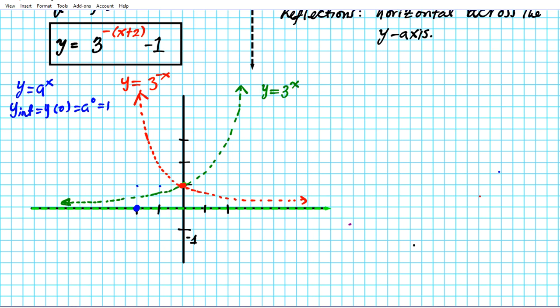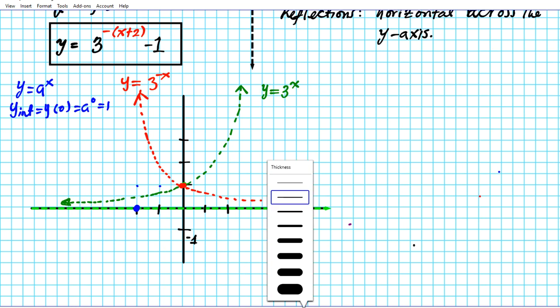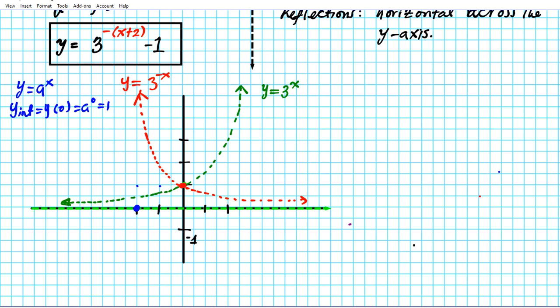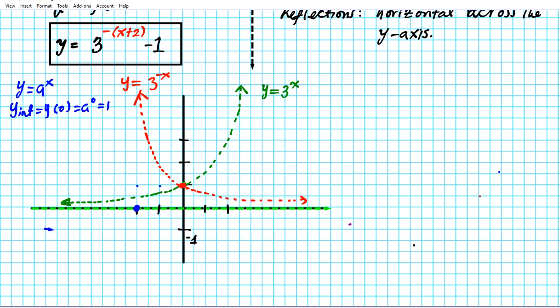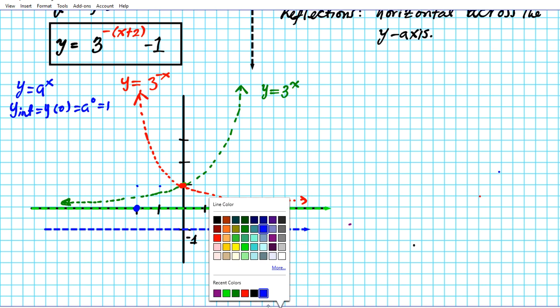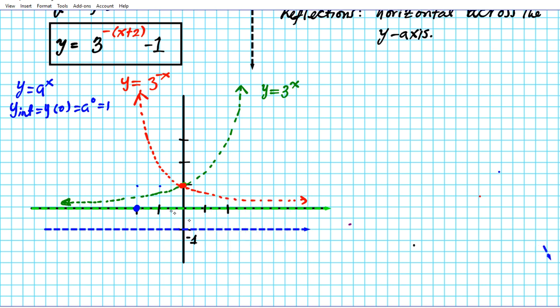So let's go ahead and graph the horizontal asymptote after the transformation. It's going to be right here. Now, can you see what the line looks like? It's like this red line that we have right here, but it's intersecting this point, following the same pattern. So let's sketch what the graph looks like.